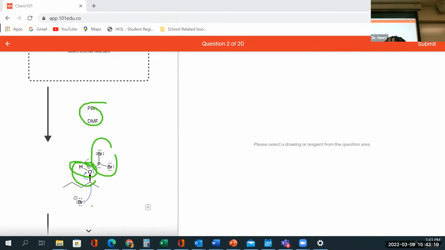An alkane is just hydrogen and carbons that are all single bonded, that are saturated, right? So did you actually start out with an alkane? Where's your oxygen coming from? So you're starting out with an alcohol.